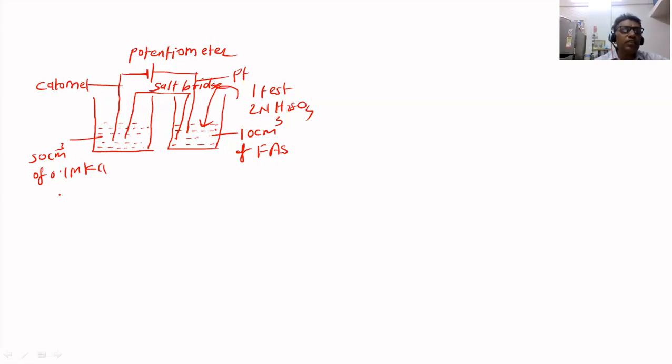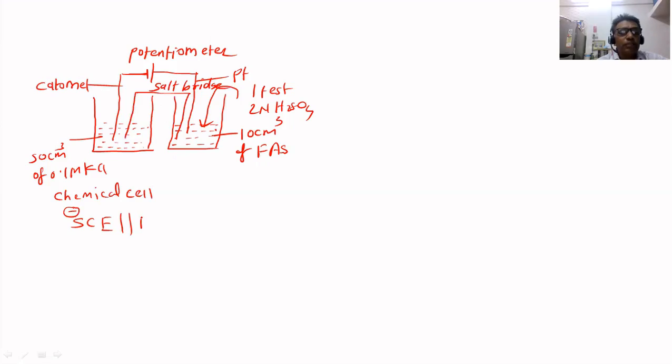Once we construct this chemical cell, then we have to start to take the reading. This chemical cell can also be represented in this manner. On the left hand side, saturated calomel electrode, connected to the negative terminal, salt bridge, double vertical line.